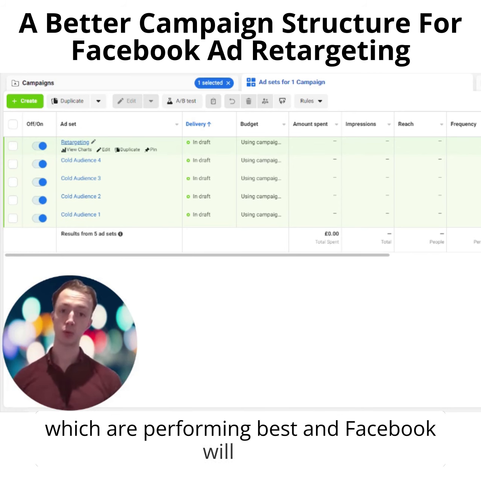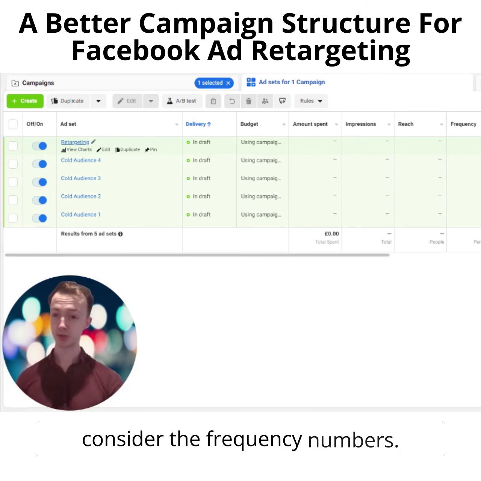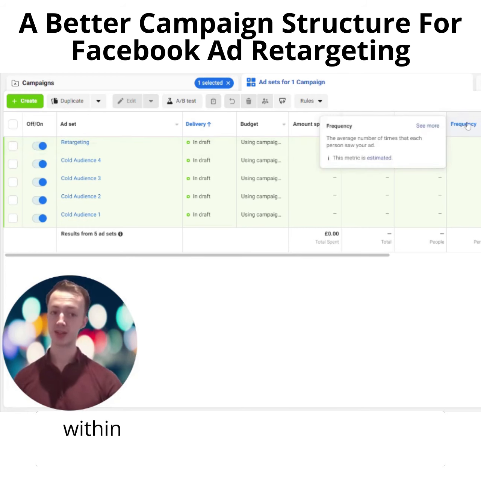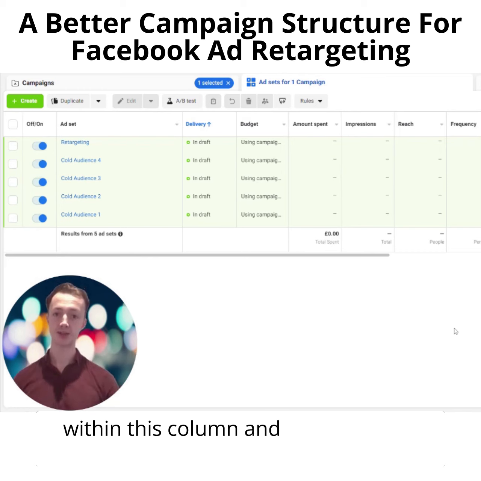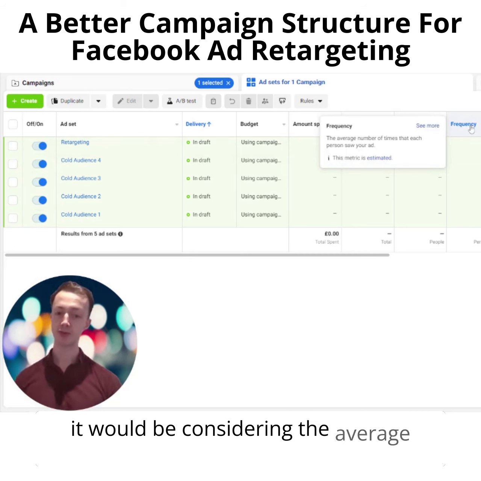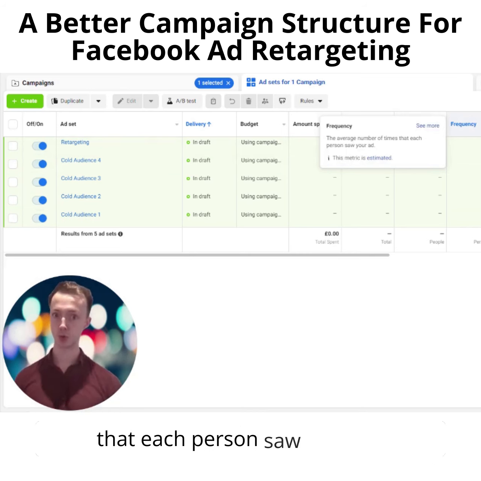And Facebook will also consider the frequency numbers. So you can see the frequency number here within this column, and that would be considering, if we hover over there, the average number of times that each person saw your ad.